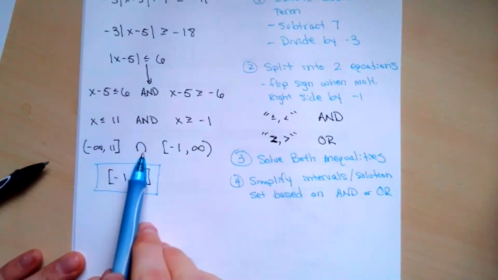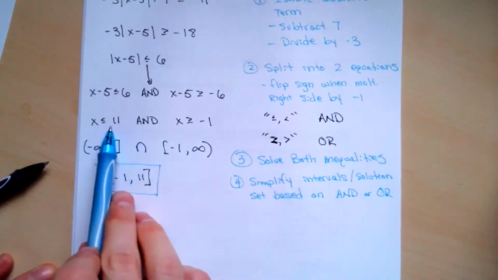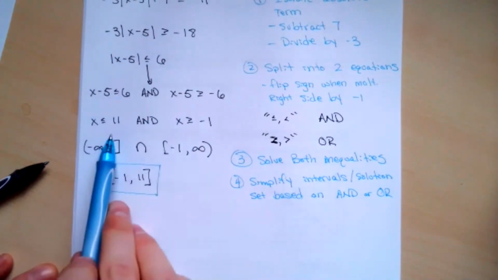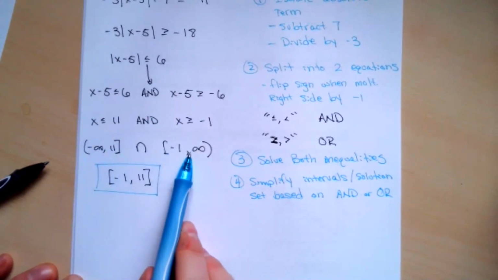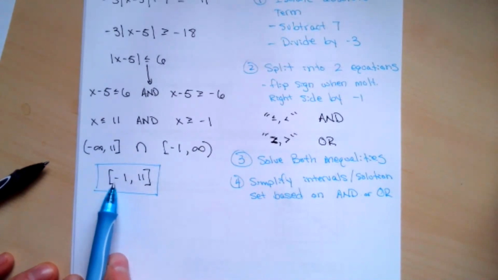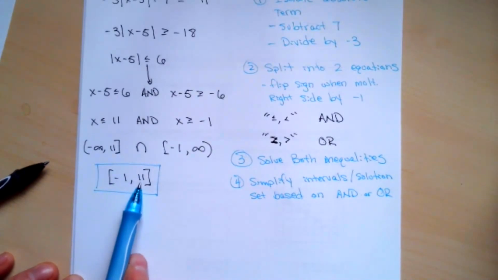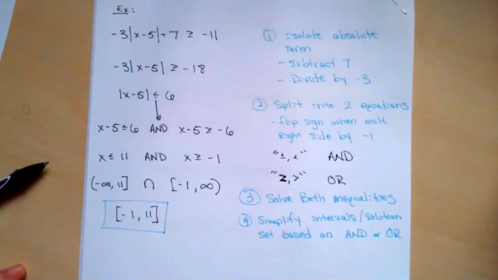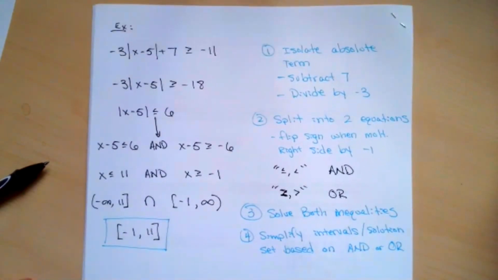So in this case, we had an and. Each of these inequalities that we split from our two equations gave us two separate sets. Because we needed the intersection, we could simplify that to just -1 up to 11. Any questions on that guy?